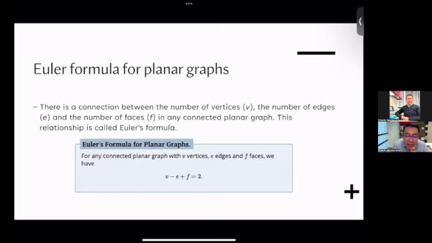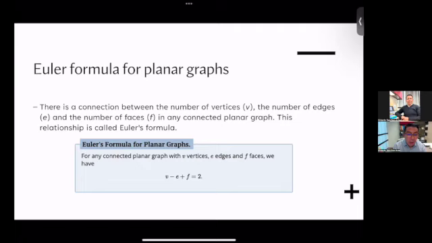Now, this also is related with mathematics, which is so amazing. There is a connection between the number of vertices, the number of edges, and the number of faces in any connected planar graph. And this relationship was established by Euler and is called Euler's formula for planar graphs.